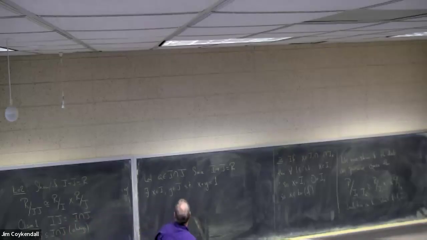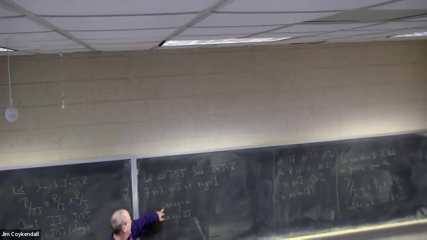Multiply this equation by A. Now notice that AX and AY are in IJ, because X is in I and A is in J, and Y is in J and A is in I. So these products are in IJ.